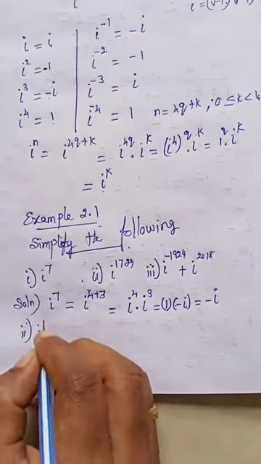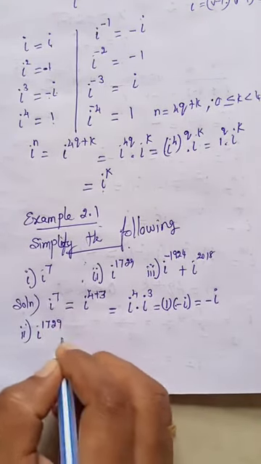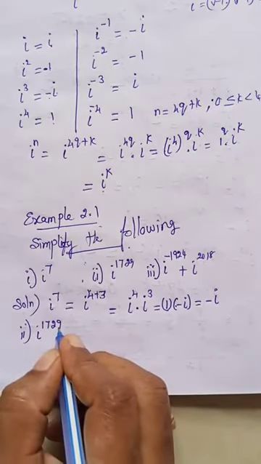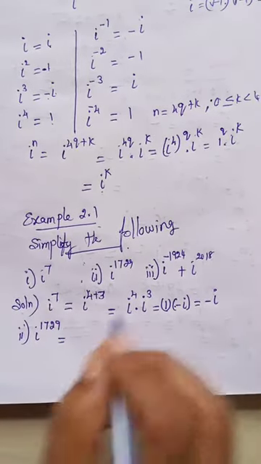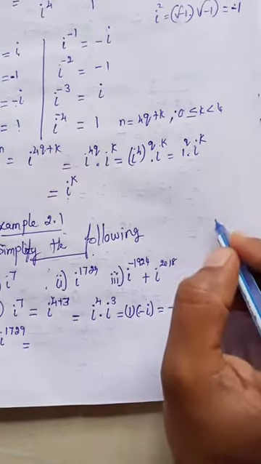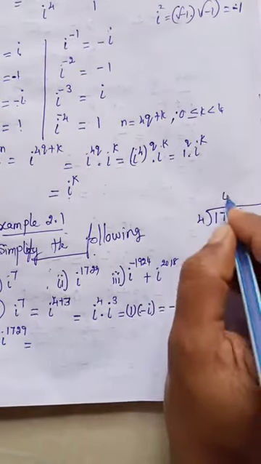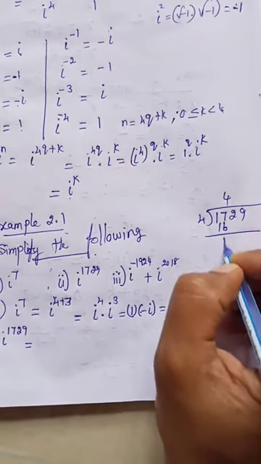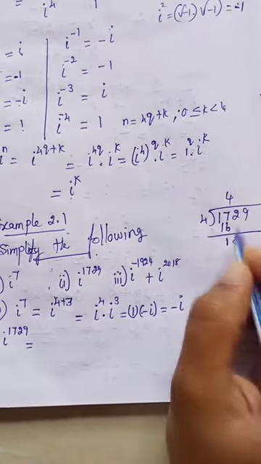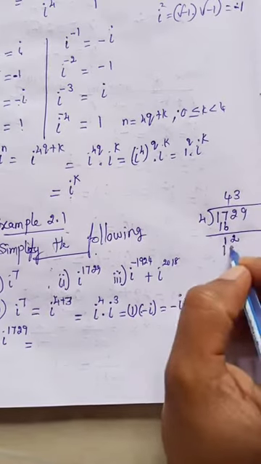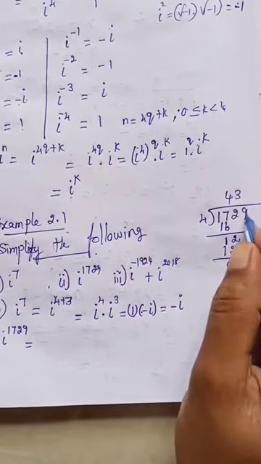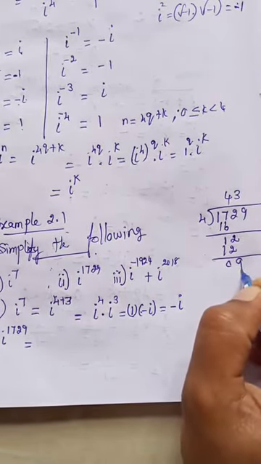Subdivision 2, i^1729. So first we should check, divide and find out the remainder. 1729 divided by 4. 4 4s are 16. 1. We have to take the number 12. 3 4s are 12. Here no remainder. Next number is 9.